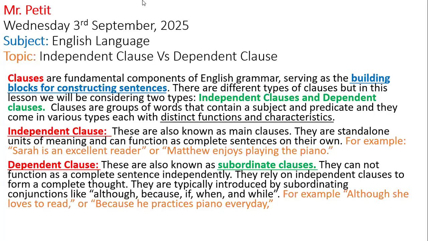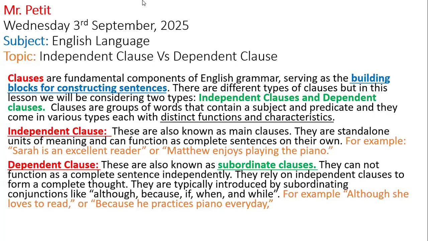Albert, where's Albert? Yes, sir. Okay, go ahead and read. We have a dependent clause. They are also known as subordinate clauses. They cannot function as a complete sentence independently.